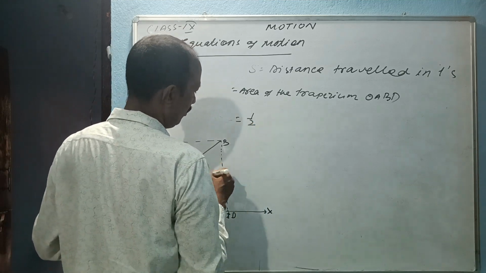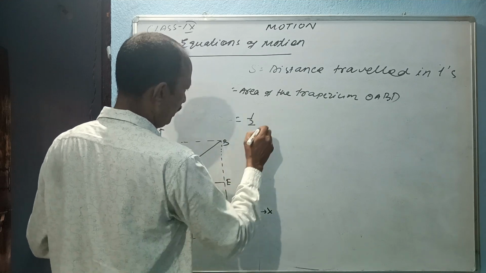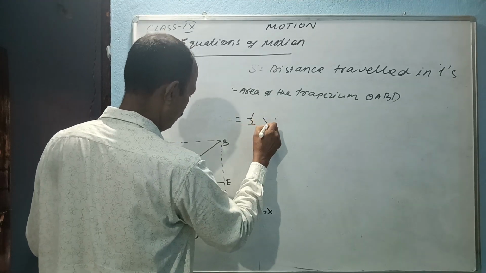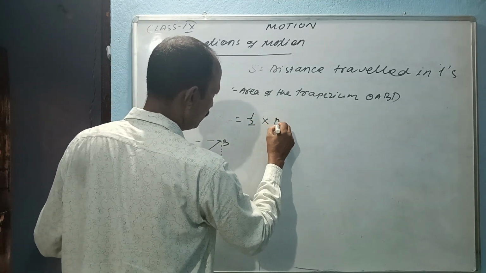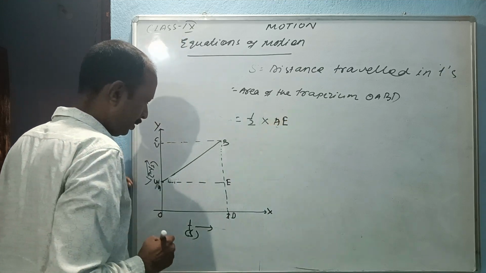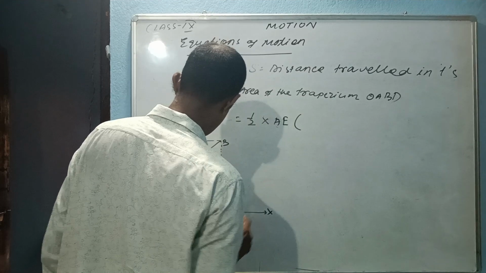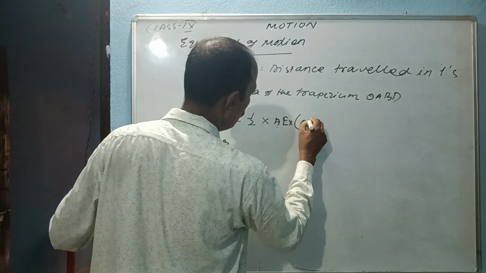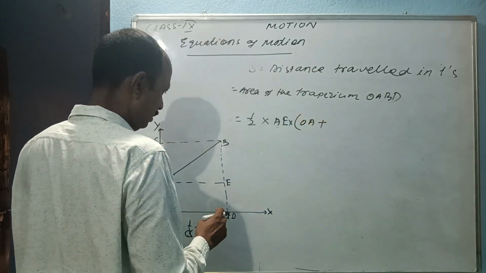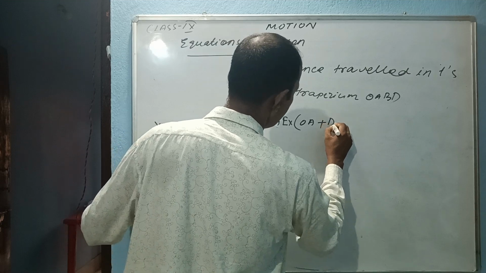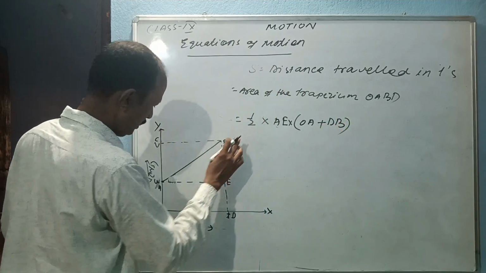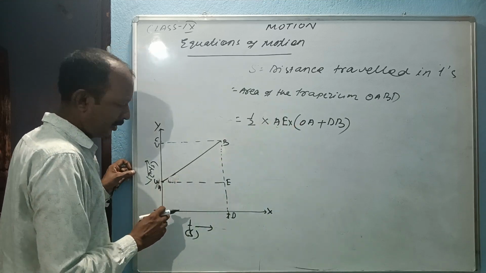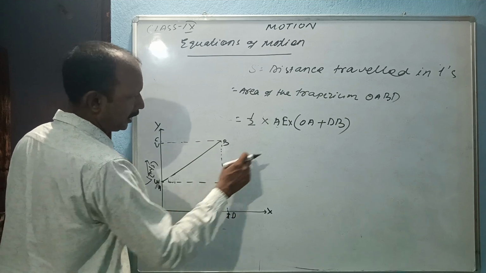I can write half into height between them, or in this case half into AE, into the sum of the two parallel sides, in this figure OA plus DB. So half into perpendicular distance into sum of the two opposite parallel sides.